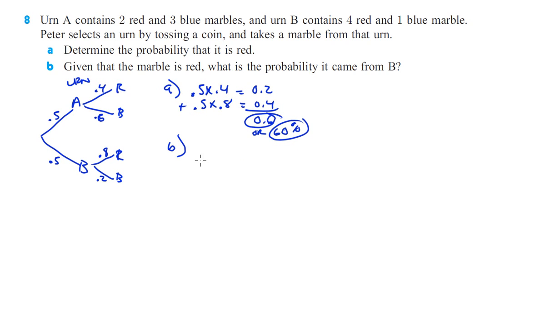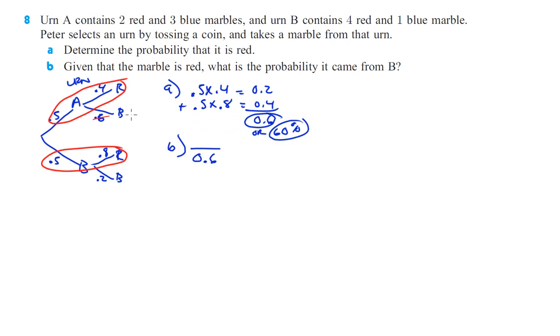Okay. B, given that the marble is red, so that's these here, so we know that for sure it's red. What's the probability that it came from B? So we know that for sure it came from the red, so that's the 60%. So I'm going to put 0.6. Okay, so we're talking about given that the marble is red. So we're only talking about this and this.